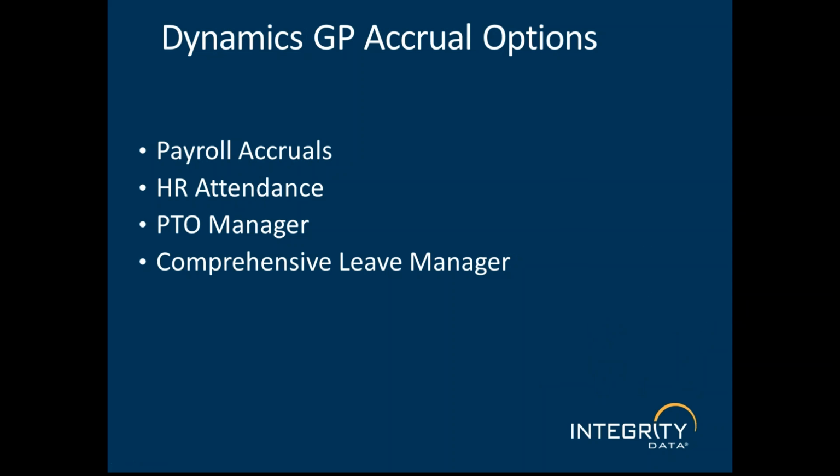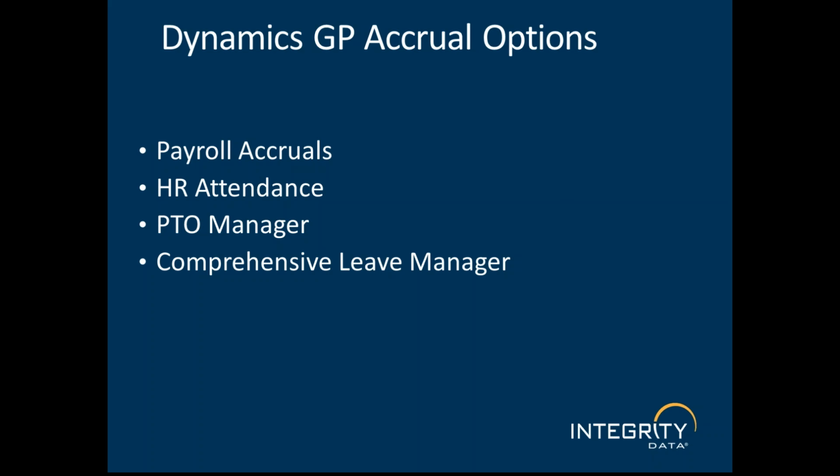All right, let's get into our topic of the day, talking about more flexibility and more capabilities for accruing leave in Dynamics GP. As you know, there are really four ways to accrue time in Dynamics GP. The simplest is the payroll accruals, which exist in payroll. It's a very simple piece: either a set amount per pay period, or a prorated amount over the course of the year.